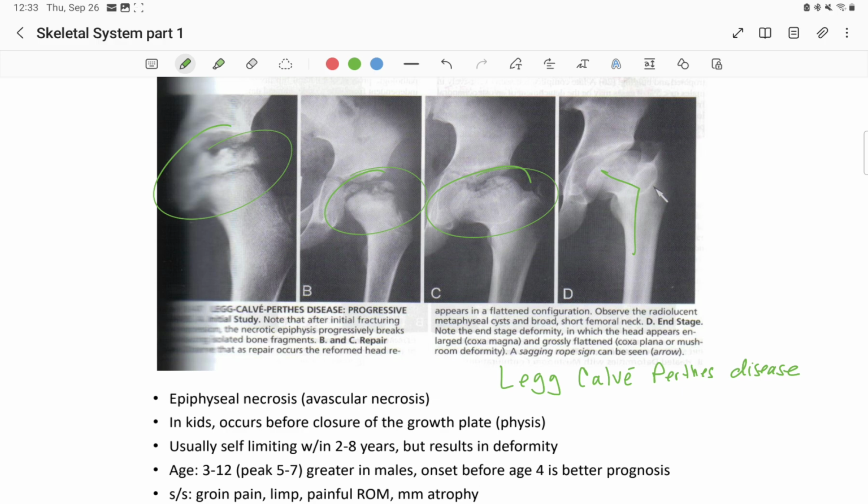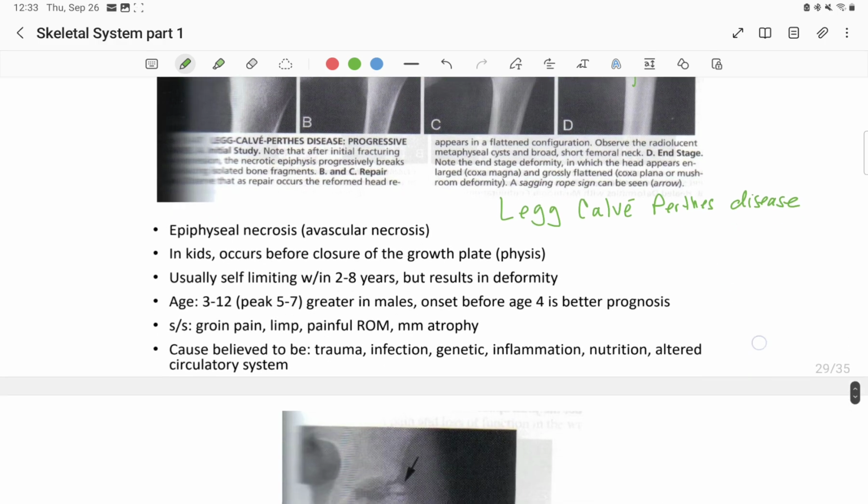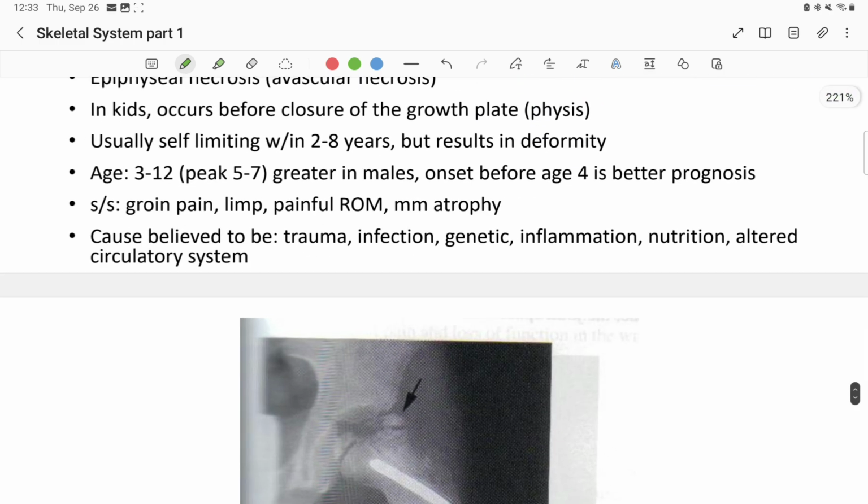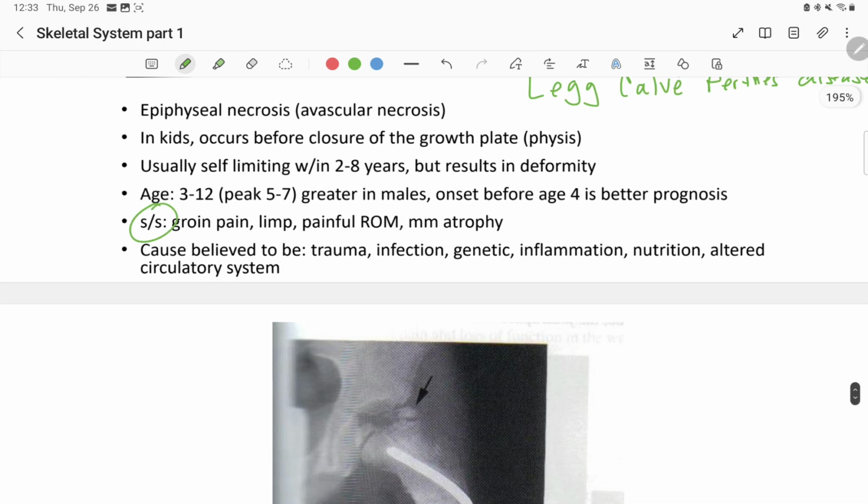So that alone can cause a whole slew of problems. If left untreated, it is self-limiting within 2 to 8 years, but it does result in a deformity of that femur head.